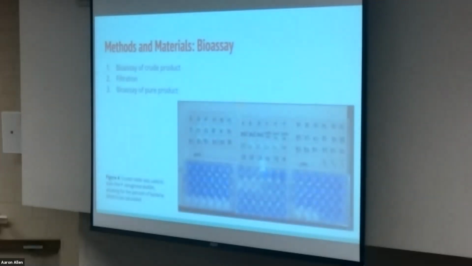So of course, once we had our product made, we had to see if it actually worked. In order to do this, we had to do something called a bioassay. It's a very complicated process. Basically, we took some of our antibiotic that we made and bacteria, and we put it in these little well plates up here and let it incubate for about 22 hours.